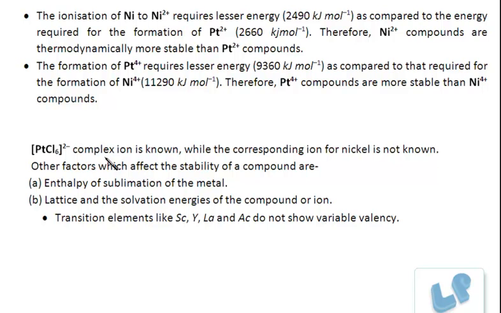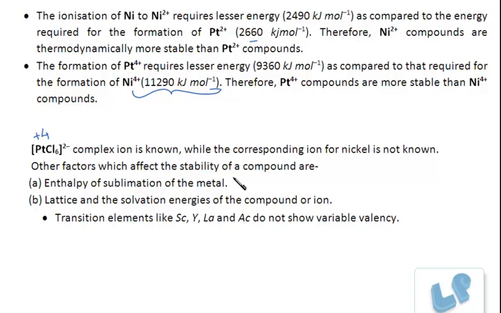See, the PtCl6 2- complex is known, while the corresponding ion for nickel is not known. In this case, the oxidation state of platinum is +4. But nickel 4+ compounds are not known. Obviously, the ionization energy is very, very high.